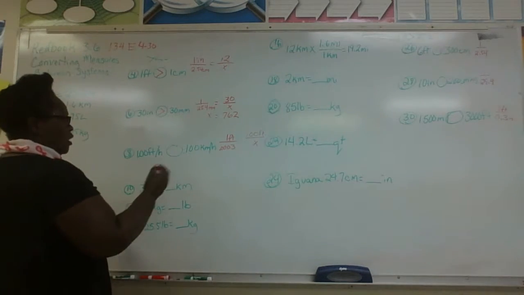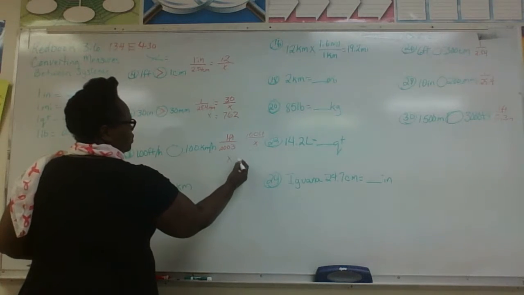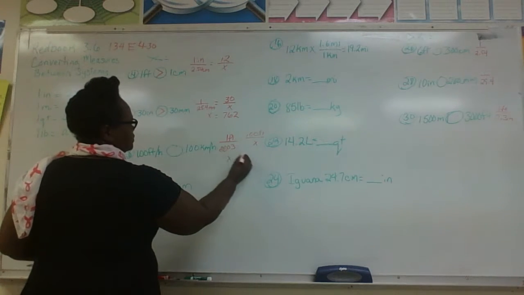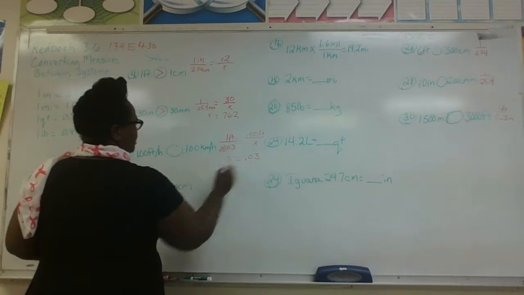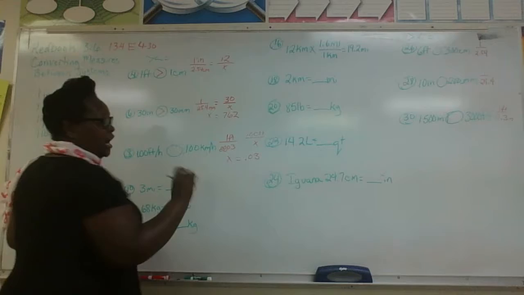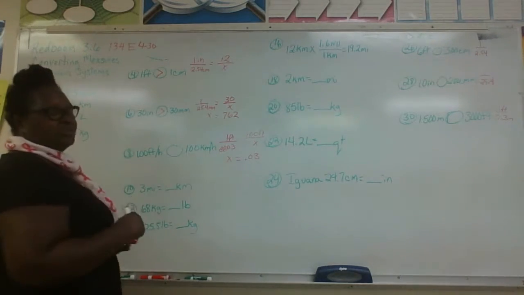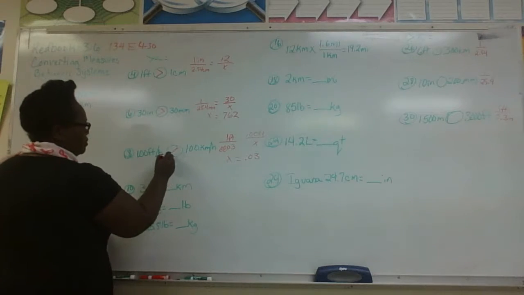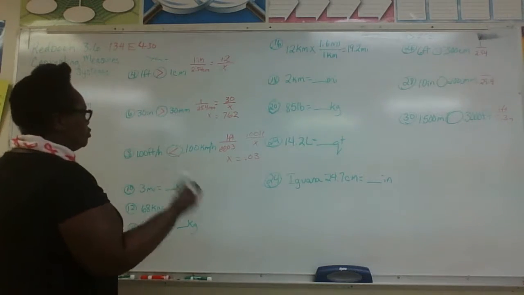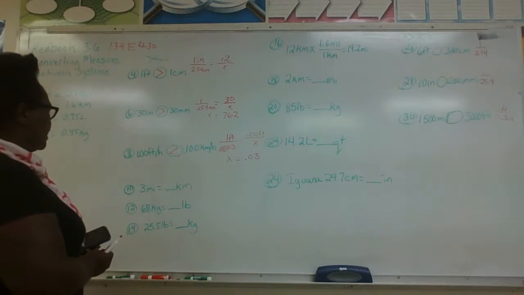When we cross multiply, we find that this would be 0.03. So 100 feet is equivalent to 3/100ths of a kilometer. And we have 100 kilometers. So therefore, 100 kilometers will be greater than 100 feet. Now, let's take a look.